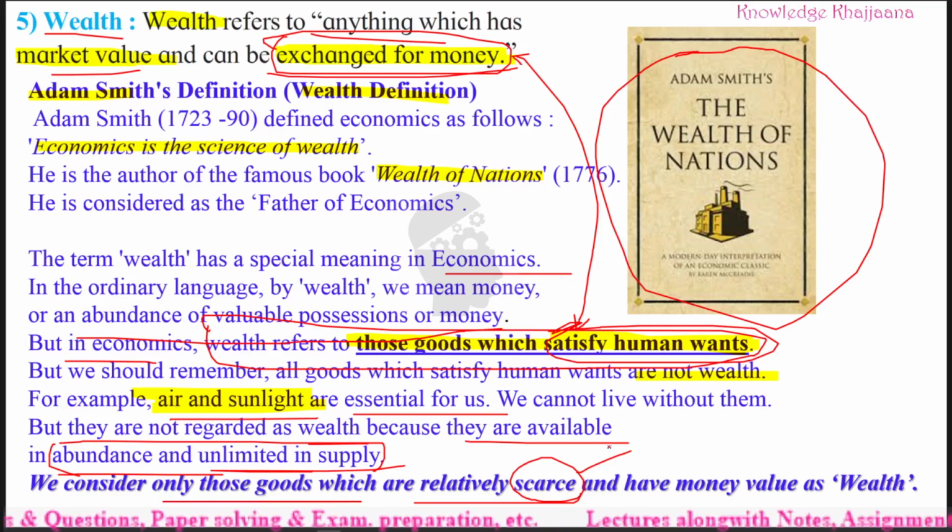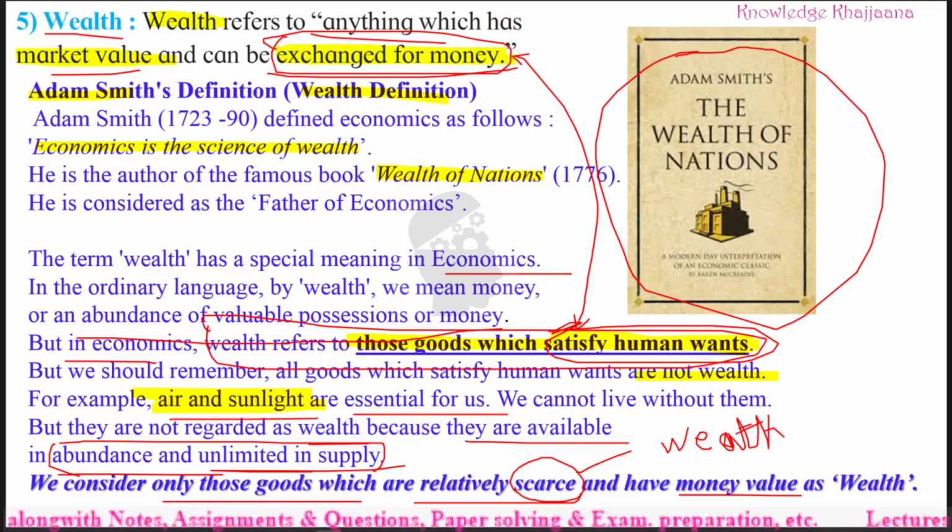There should be a shortage of the goods. Okay, and they have money value. The goods should have money value. Then only such goods are called wealth. Whatever money value is hidden in the goods, which can be purchased by money, are called wealth. And they should be relatively scarce in nature, not easily available, there should be limitedness. Okay, so this is the meaning of the concept of wealth. Okay, remember this forever.